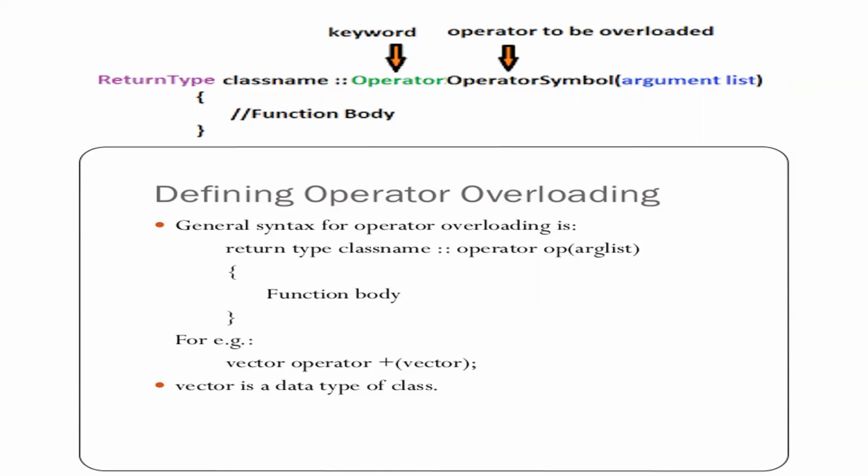For example, look here, vector operator plus. Vector here is the name of the class, operator is the keyword, plus is the symbol of the operator that has to be overloaded. Okay.